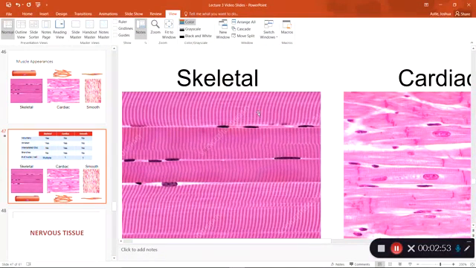These striations are actually the functioning unit of the skeletal muscle, and if you take a nice close look, you can see these little faint stripes in the cardiac muscle. So yeah, skeletal and cardiac muscle definitely have these striations.